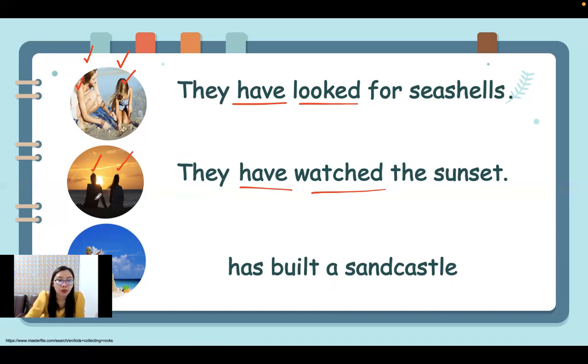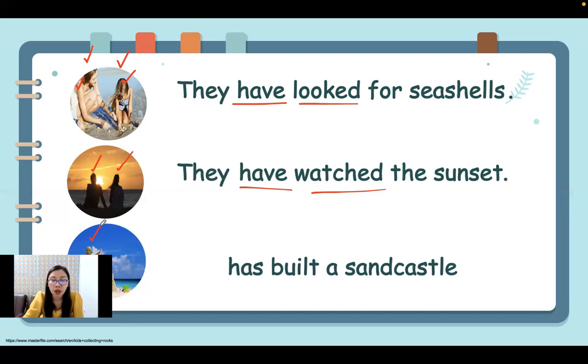Or Mark and Anna have watched the sunset. So they is a plural subject. And we have the last one, the little boy. There's only one person in the picture, right?